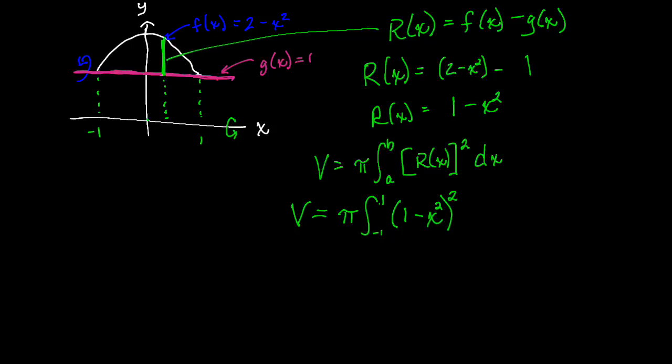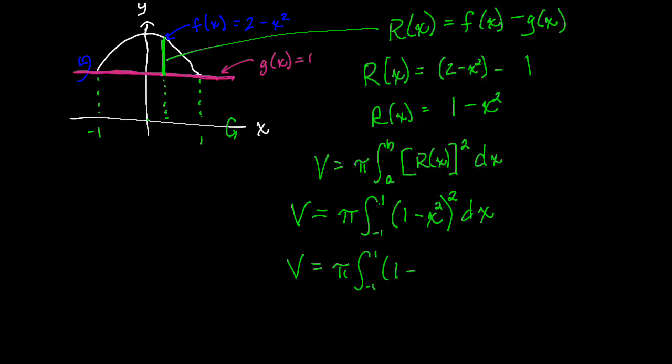Don't forget to square this. This is the most common mistake I see students make. I make it myself oftentimes. If we were standing at the board in the classroom, you'd probably see me do this at least once. Forget to square that. So, here we go. I'm not going to use substitution because this is a pretty simple one to expand.